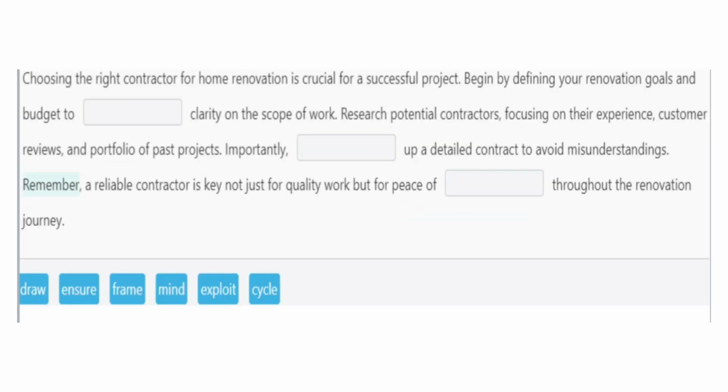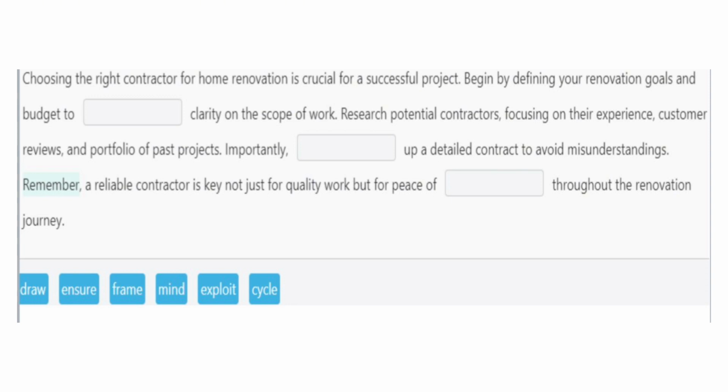Moving forward, choosing the right contractor for home renovation is crucial for a successful project. Begin by defining your renovation goals and budget to dash. Budget to, oh, unfortunately here we have four verbs.